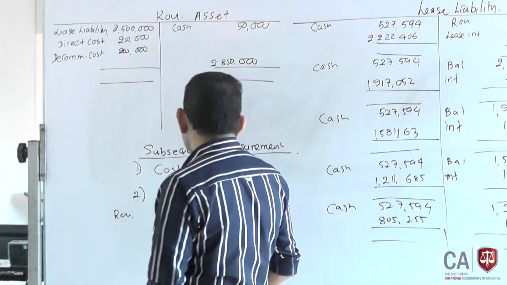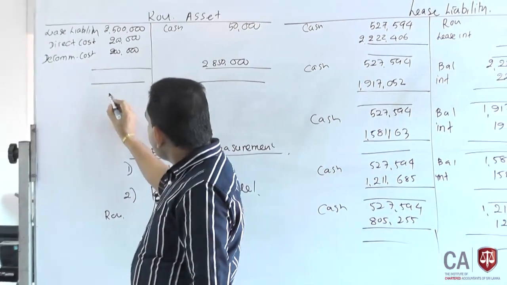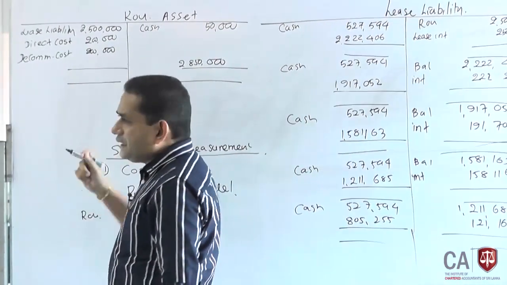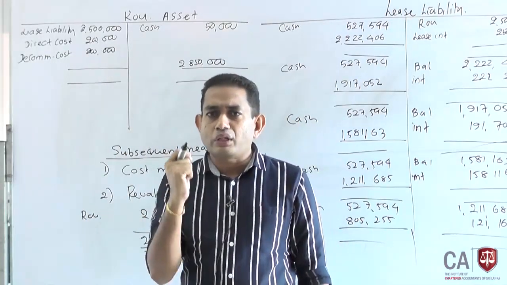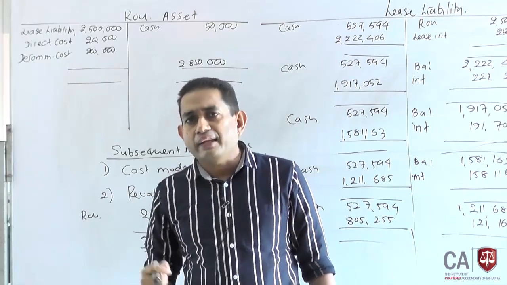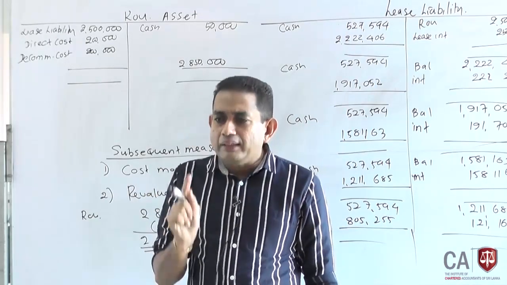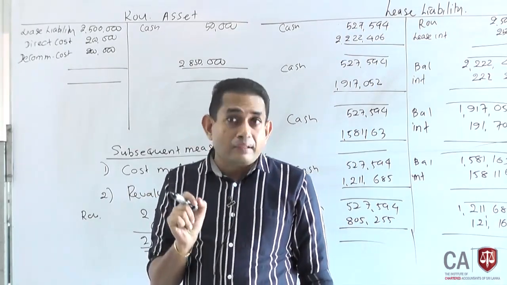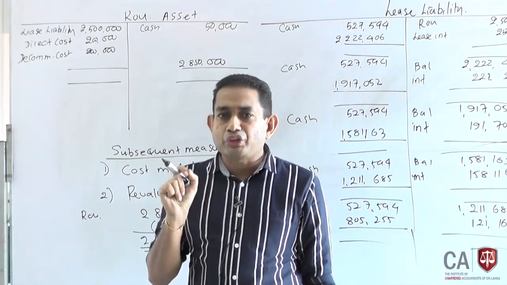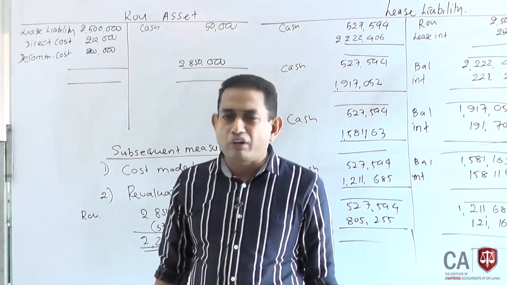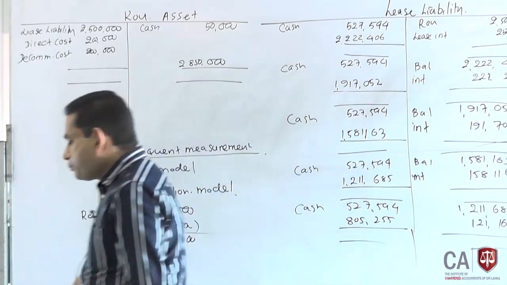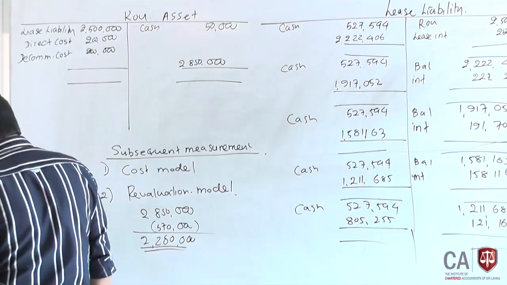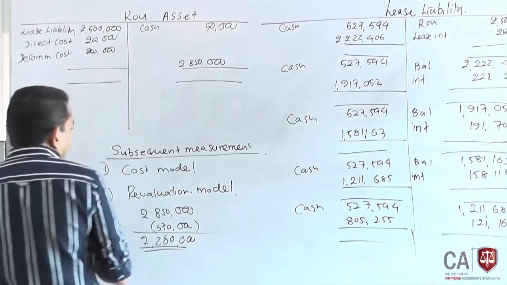Revaluation model: end of the first year, if you decide to recognize the asset at revaluation model, you need to revalue it and then show it in the balance sheet after deducting the cumulative depreciation charged on the revalued amount. That is the same thing as you learned in LKAS 16 property, plant and equipment. I must add something to this.